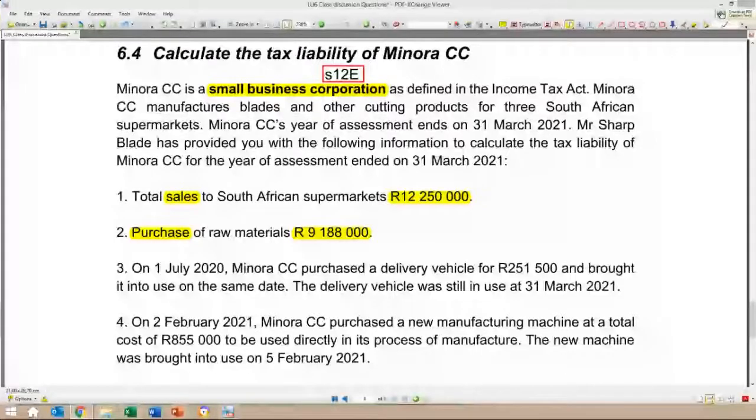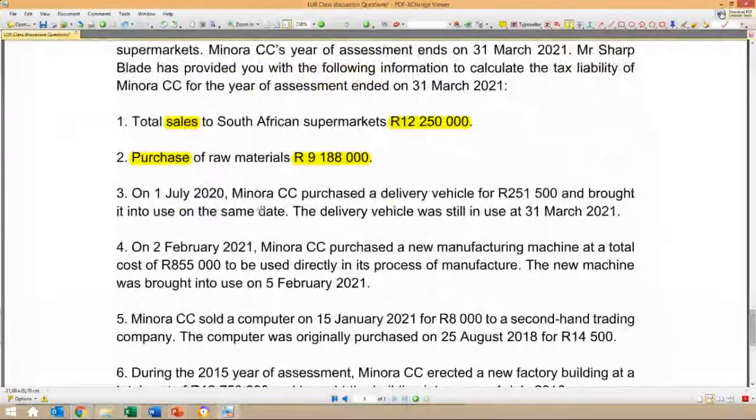Okay, let's share the PDF again. So if we then move on to point 3, we see we purchased a delivery vehicle for 251,500 and we brought it into use at the same date. The delivery vehicle is still in use at 31st of March.